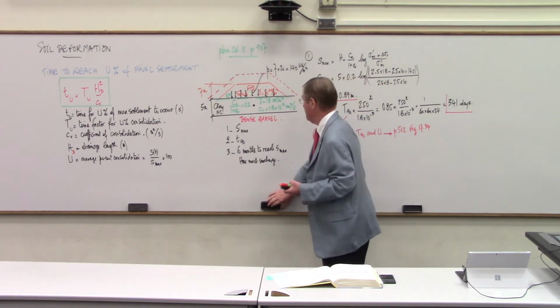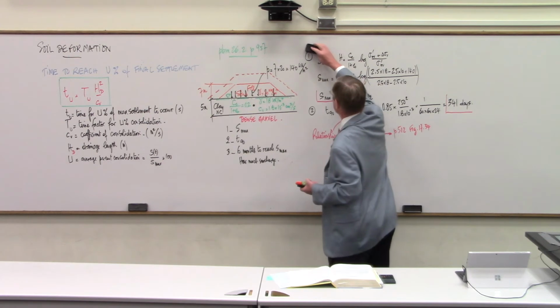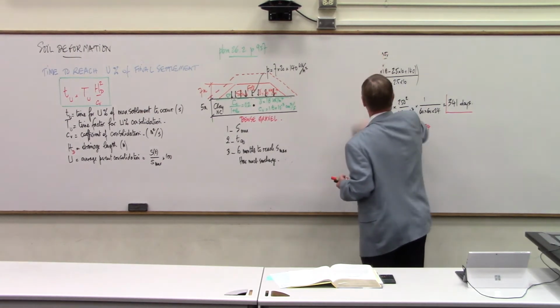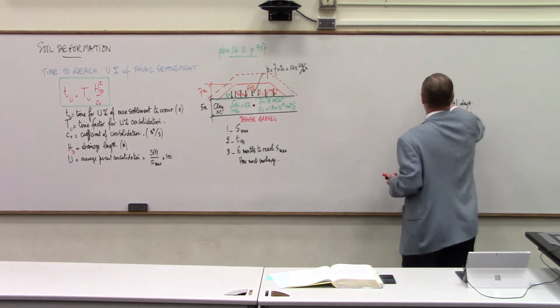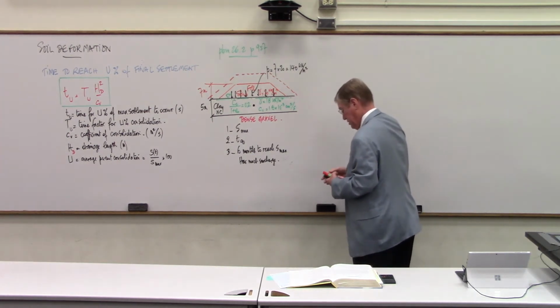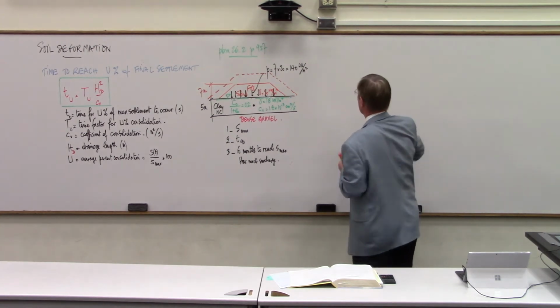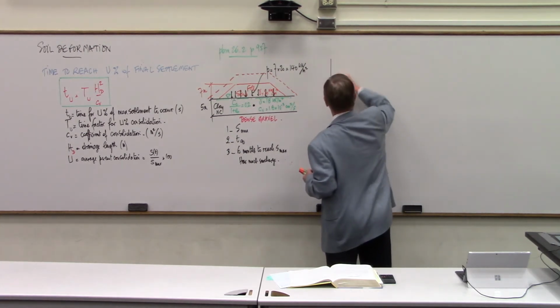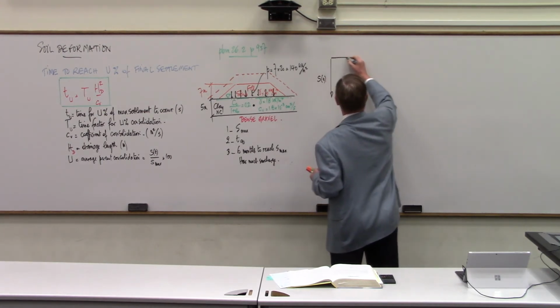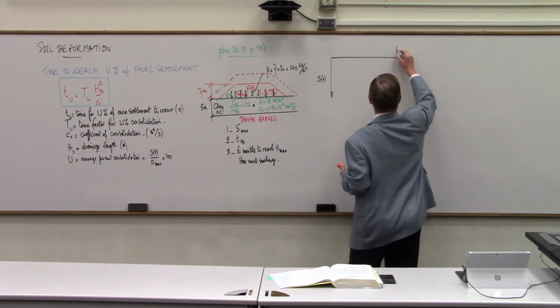So what's happening is this. Let me erase this to show the curve and why a surcharge is a good idea. What we're plotting is settlement as a function of time.